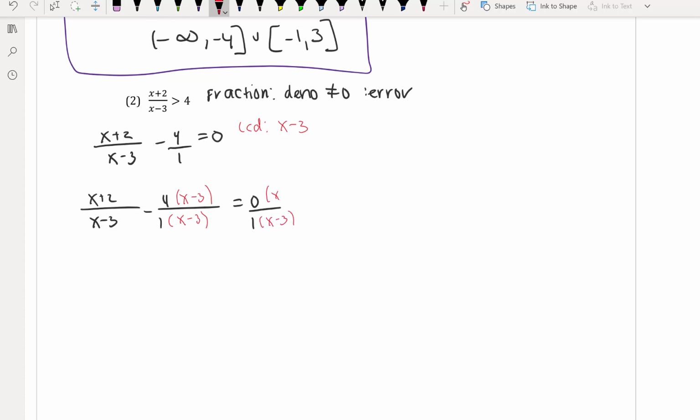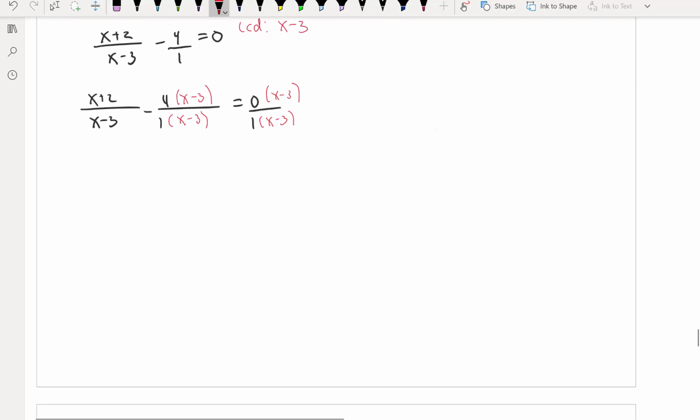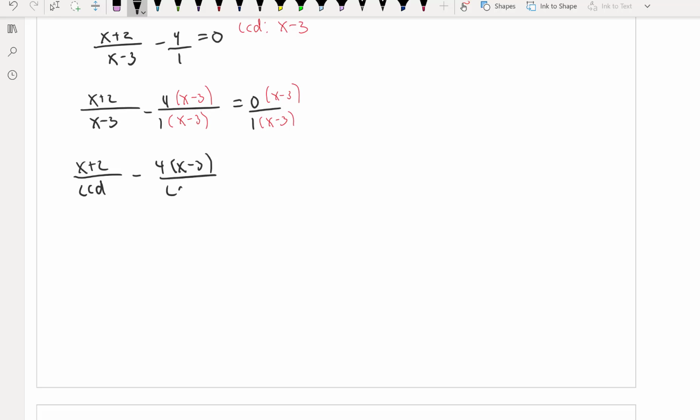But if you want to be consistent, think of it as multiplying by an x minus 3 in the denominator and the numerator. So now I'm going to have my (x + 2) over my LCD minus 4(x - 3) over my LCD is equal to 0 over my LCD. And that is because 0 times anything is equal to 0. So that's what I end up having.